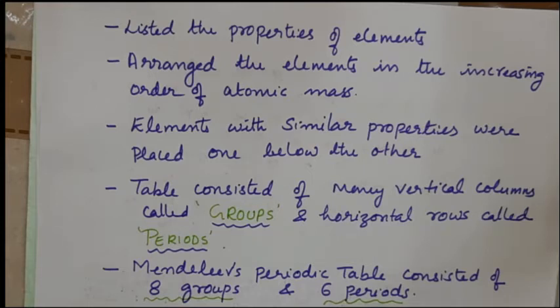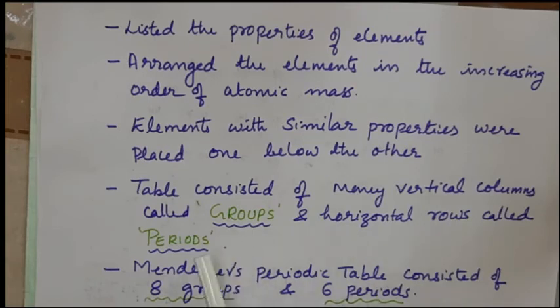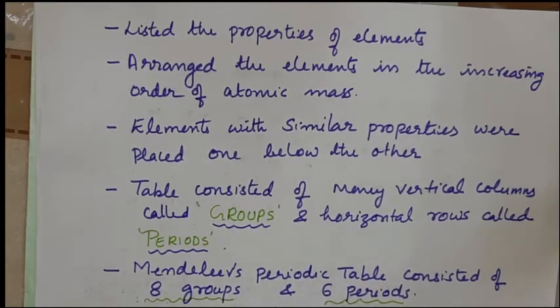So you can visualize what he would have got after the arrangement would be a table consisting of many vertical columns and horizontal rows. He called those vertical columns groups and horizontal rows periods. Then he found in his classification there were 8 groups and 6 periods.